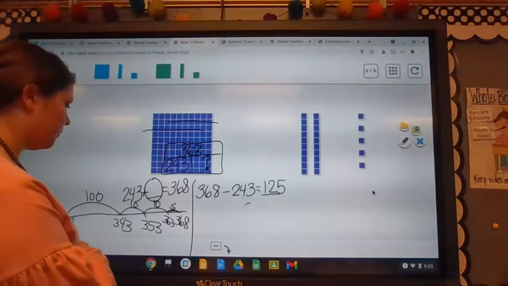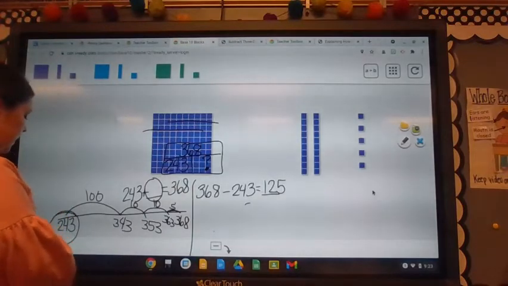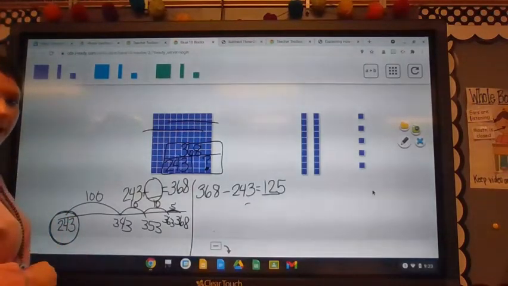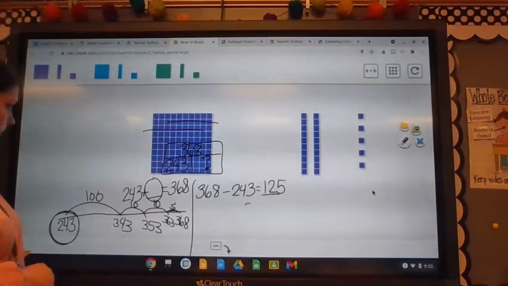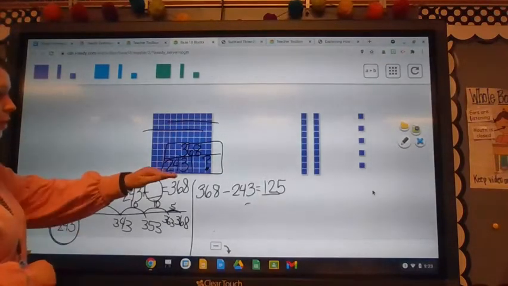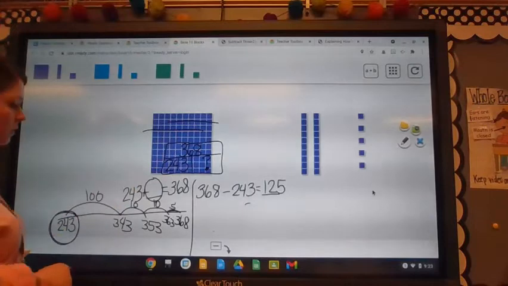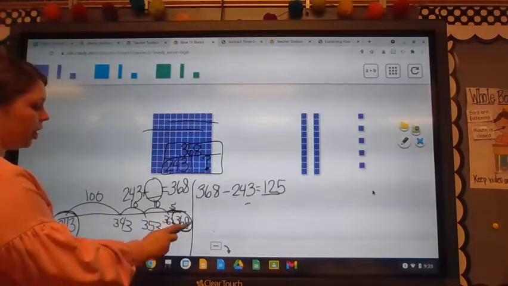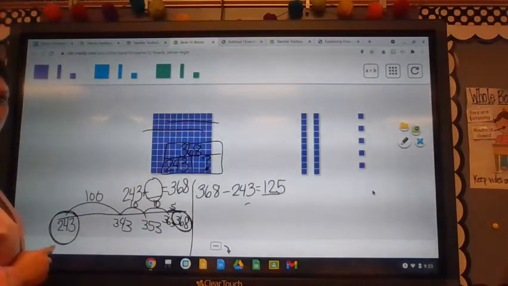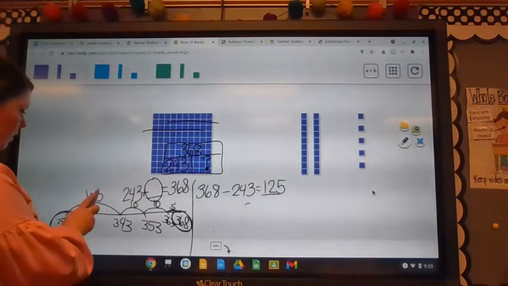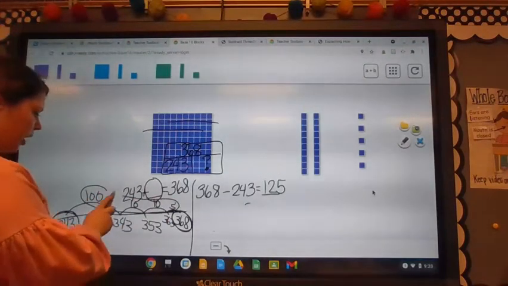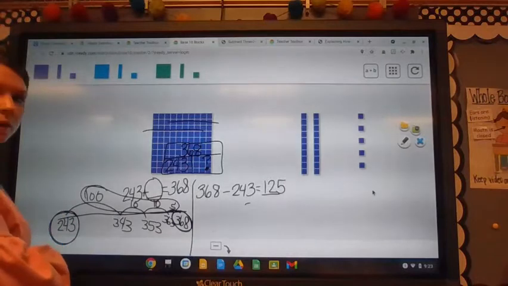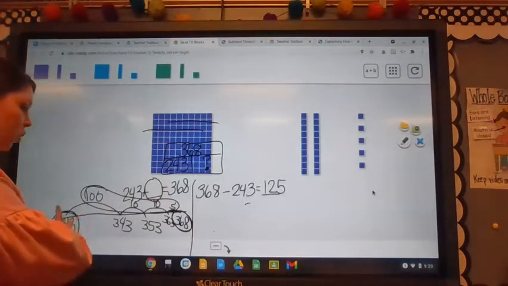Okay? So what does this number show on my number line? That shows Dara's cards. What does this show? Holly's cards. What does this show? It shows the distance in between those, doesn't it?